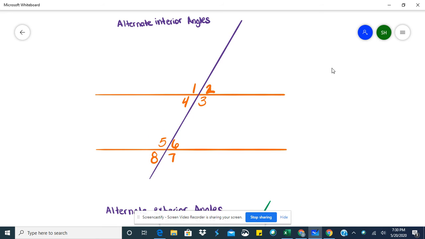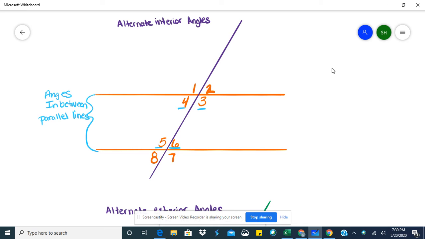So alternate interior angles are your angles that are in between the 2 parallel lines. Okay, so the only interior angles we have are 4, 3, 5, and 6.